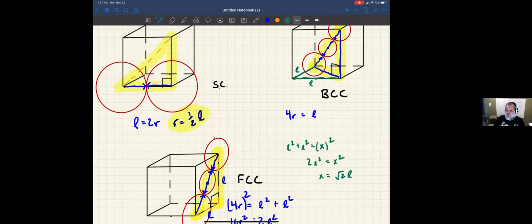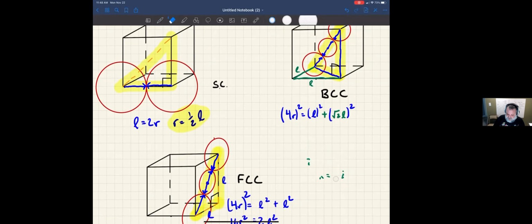Now that I know what it is, I can put it back into the formula. So I'm going to go plus square root of 2L. But remember, all of these things are squared. So (4r) squared, L squared, plus (square root of 2 L) squared. Okay, now I got all that. Let's make some room.